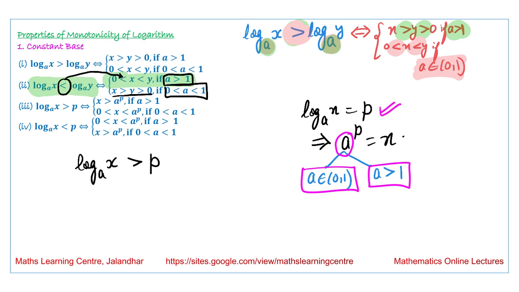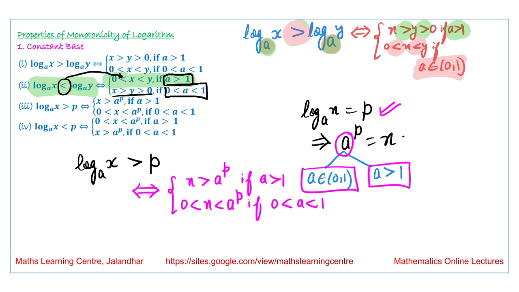So this thing we can see over here. We are saying that log x to the base a is greater than p. This is implied by x is greater than a raised to the power p if the value of a is greater than 1, and 0 is less than x is less than a raised to the power p if 0 is less than a is less than 1.